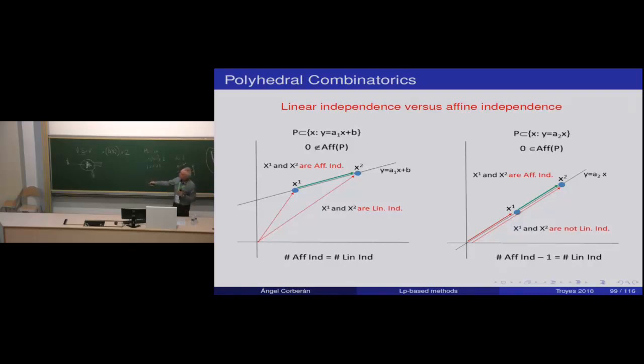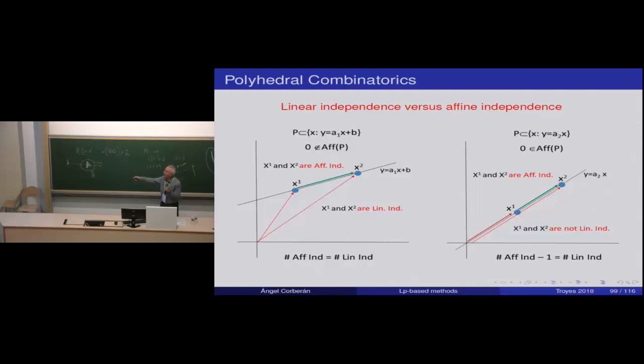So in this case, the number of affinely independent and linearly independent vectors are different. My polyhedron has dimension 1. So in this case, dimension 1 is the number of affinely independent vectors minus 1, but in this case, no.